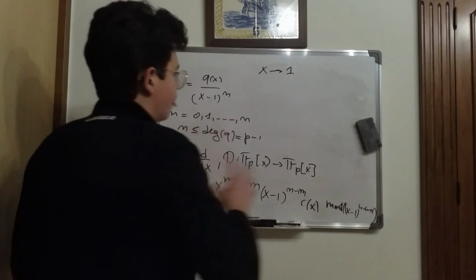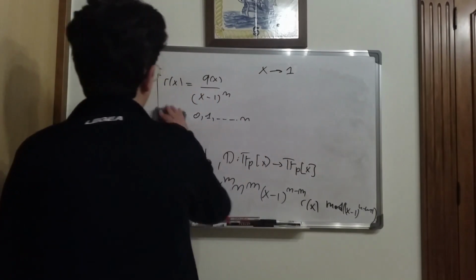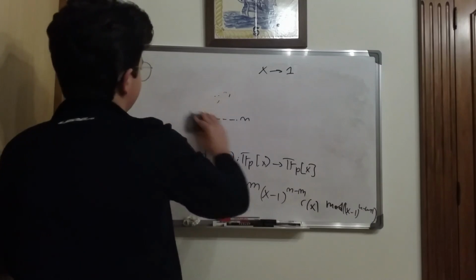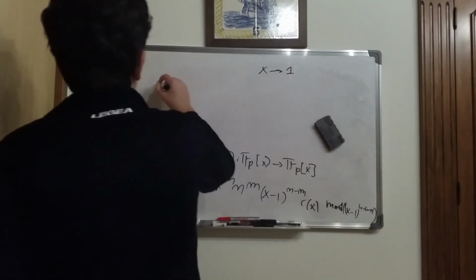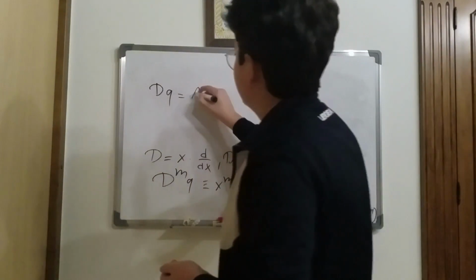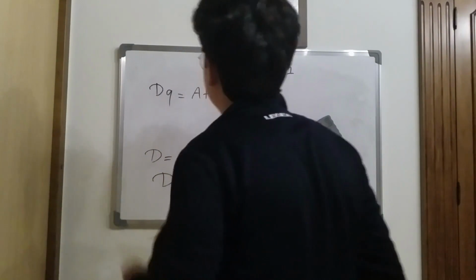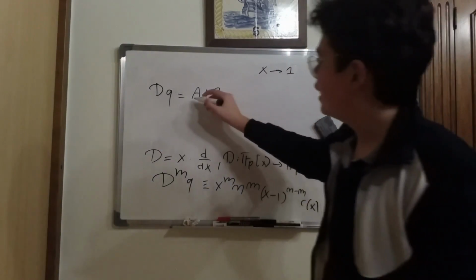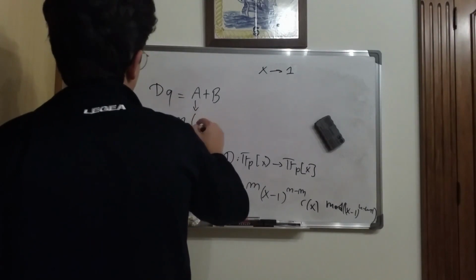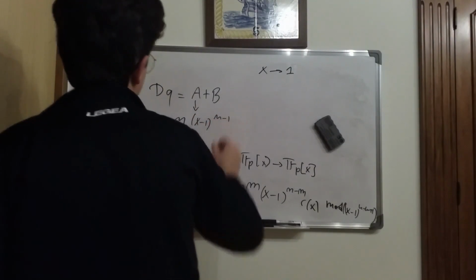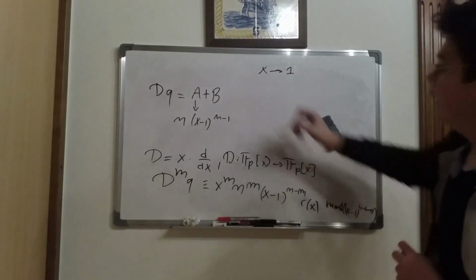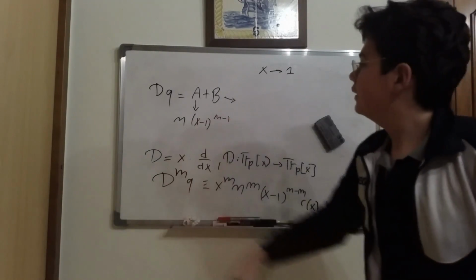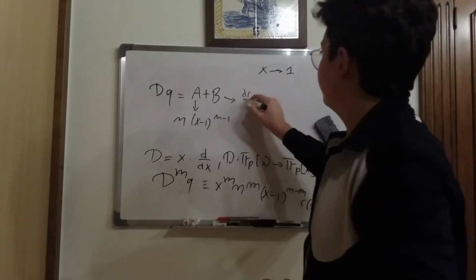Now I have, remember these three expressions, okay, and now if I apply the derivative d over q, I obtain two terms, a plus b, by the product rule, okay? The first term is, for example, n times (x minus 1) to n minus 1, and this is a derivative, okay?